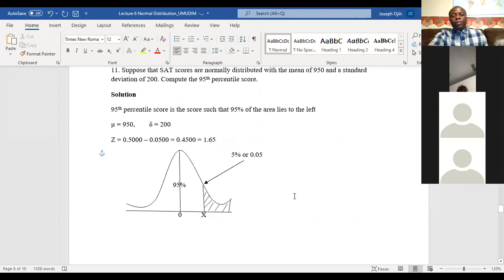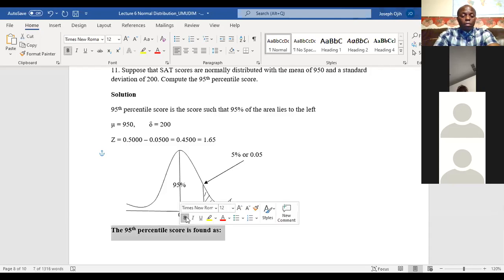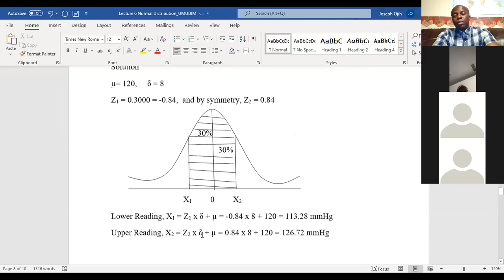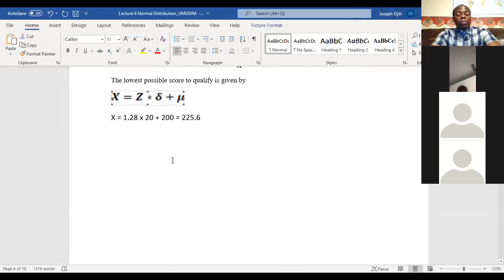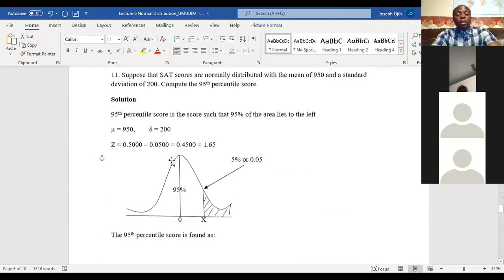So with this, we are ready to find the 95th percentile score. We use the same formula we'll be using all this while, which is X equals Z times standard deviation plus the mean.